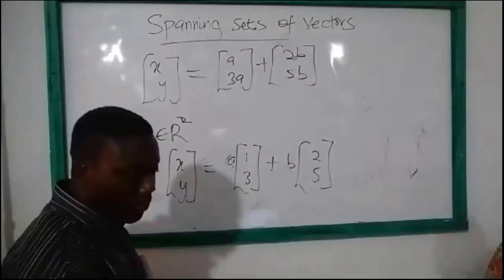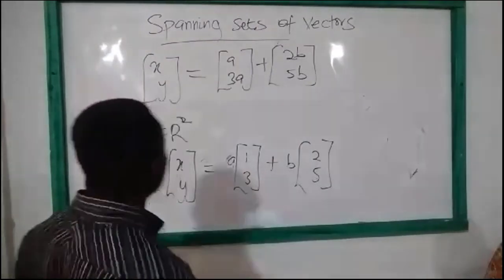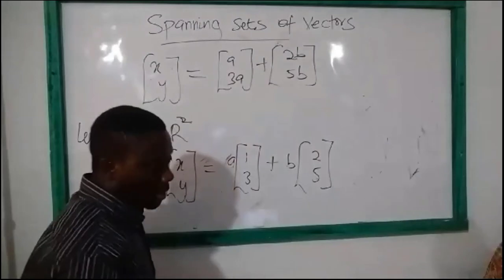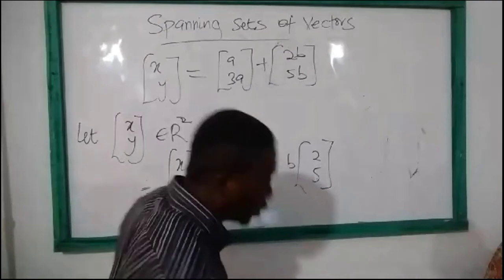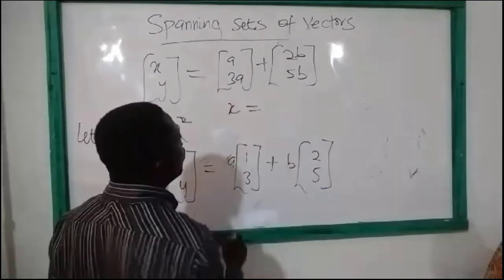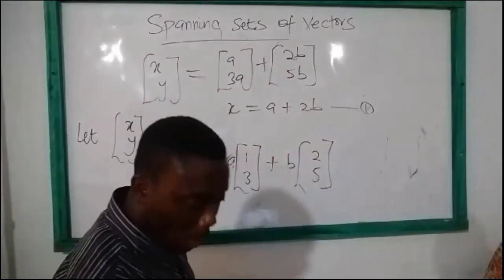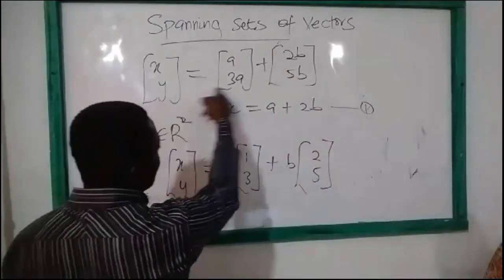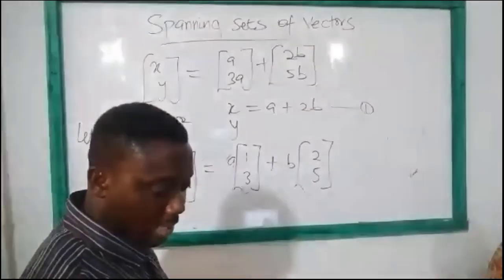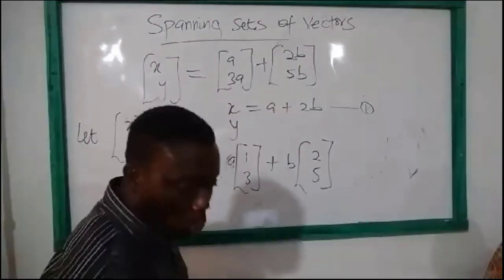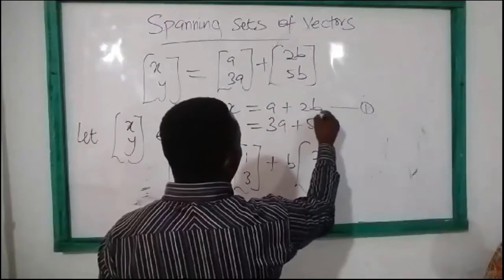So from here, by equality of vectors, we can express the ones at the top to represent one equation. So x equals a plus 2b, and this is equation 1. We can also express the last one as another equation involving two unknowns, y equals 3a plus 5b.